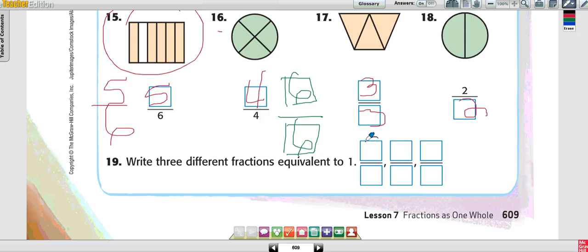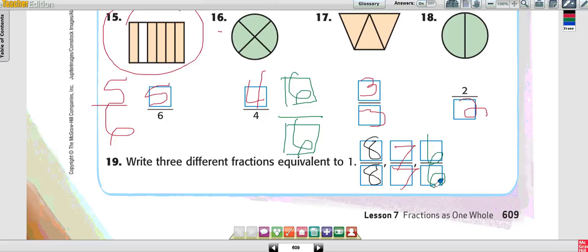8 over 8. What else? 7 over 7. And then Julia? 6 over 6. Yeah.